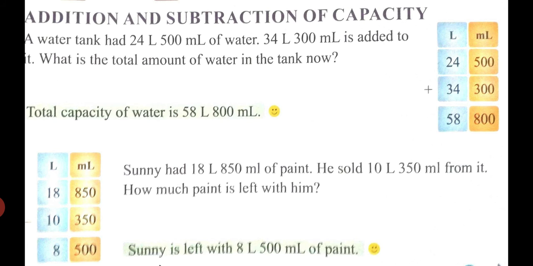No need to write. So Sunny is left with 8 liters and 500 milliliters of paint. I hope you understood about the addition and subtraction of liters and milliliters. Let's move forward.